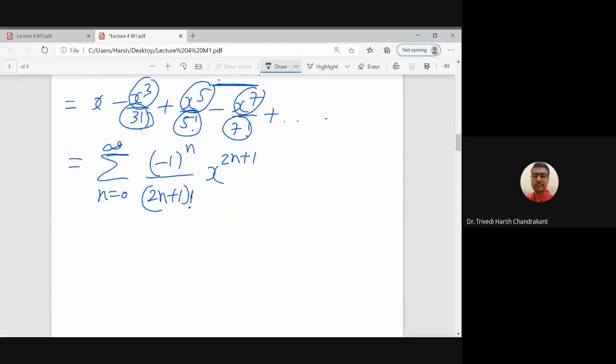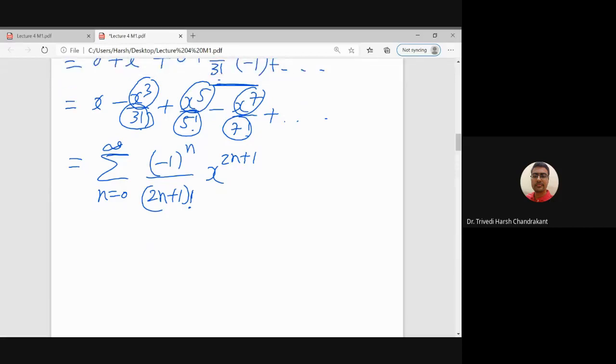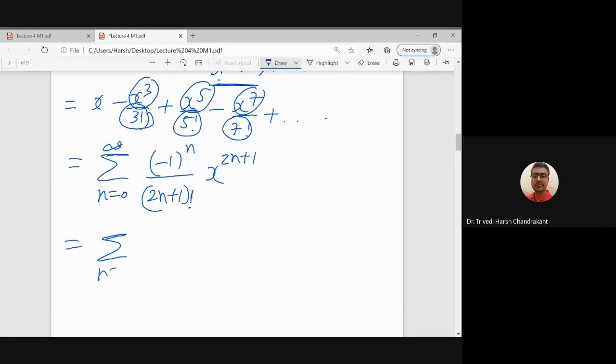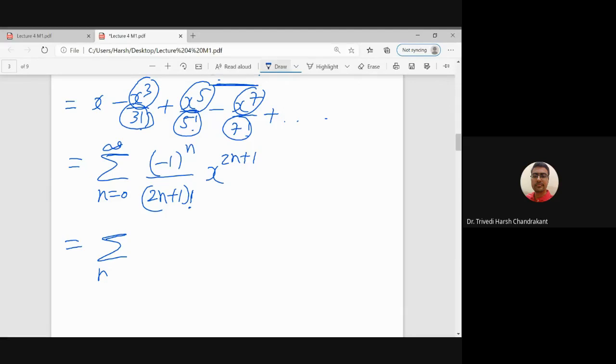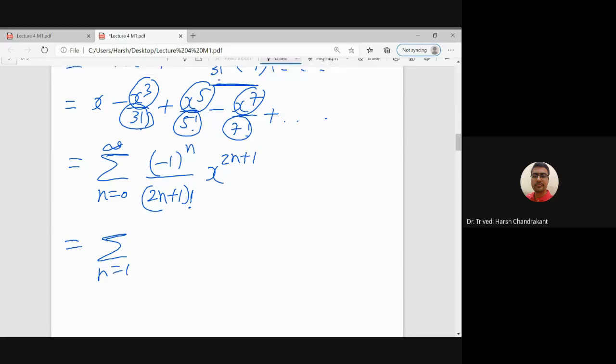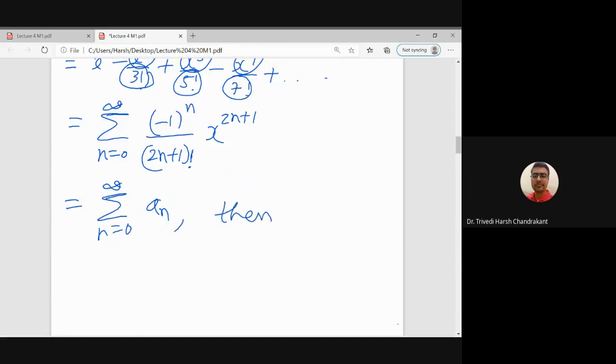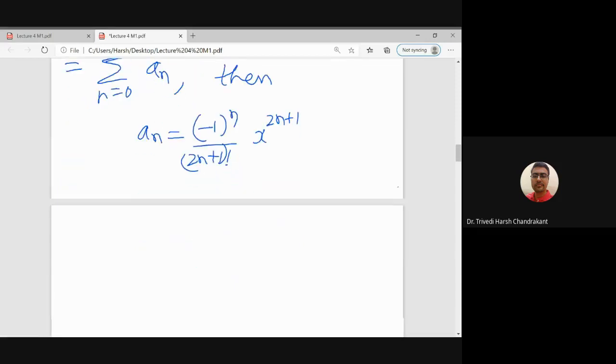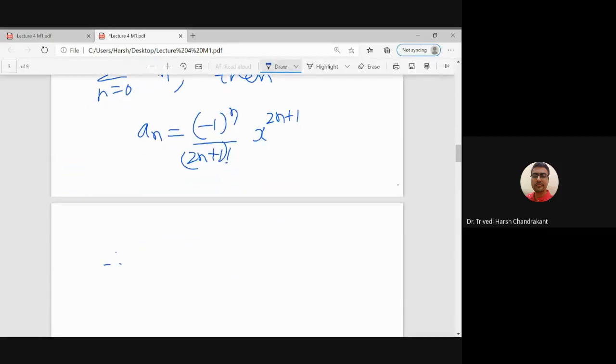So basically, if we write this series as summation a_n, then what is a_n? a_n is this nth term, and we want to see whether this series is convergent or not.